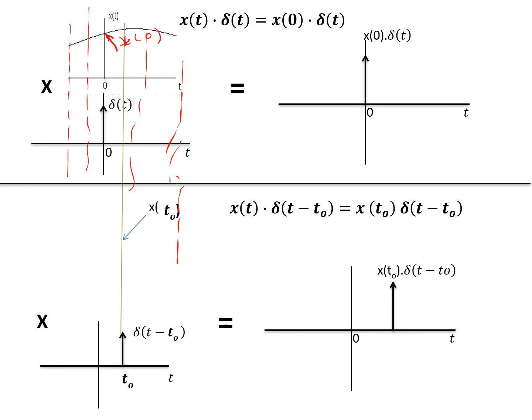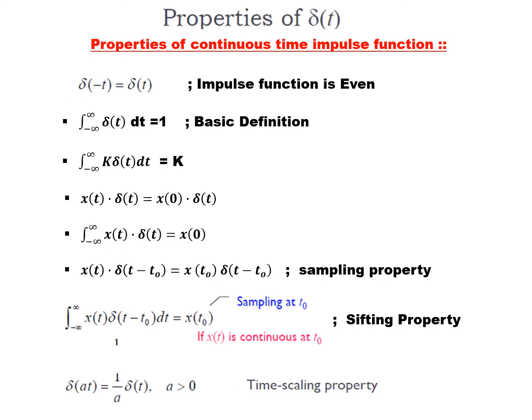This is what happens when I multiply a shifted impulse with the signal. Okay, I think you understood this property. This actually summarizes all the properties we have studied on impulse. You just go through that.